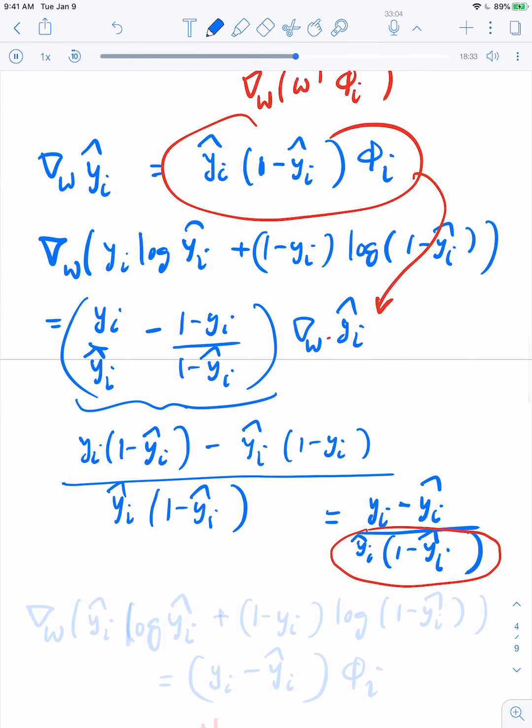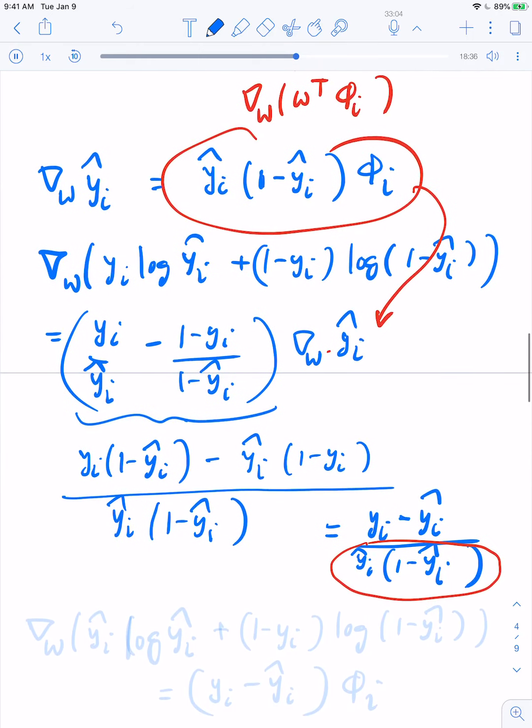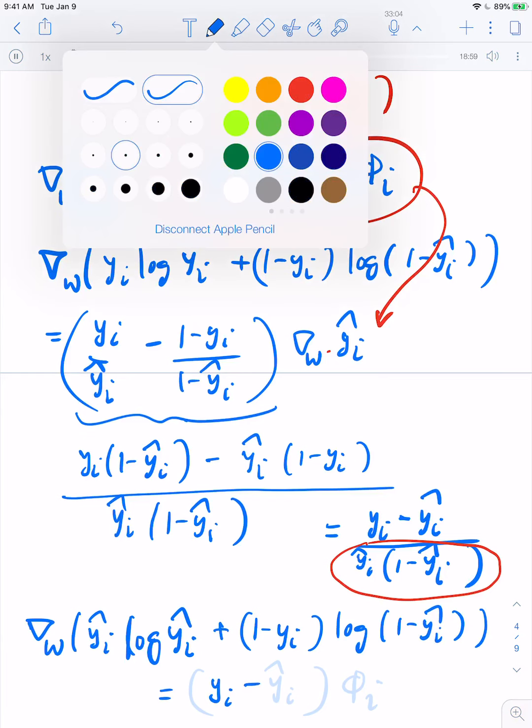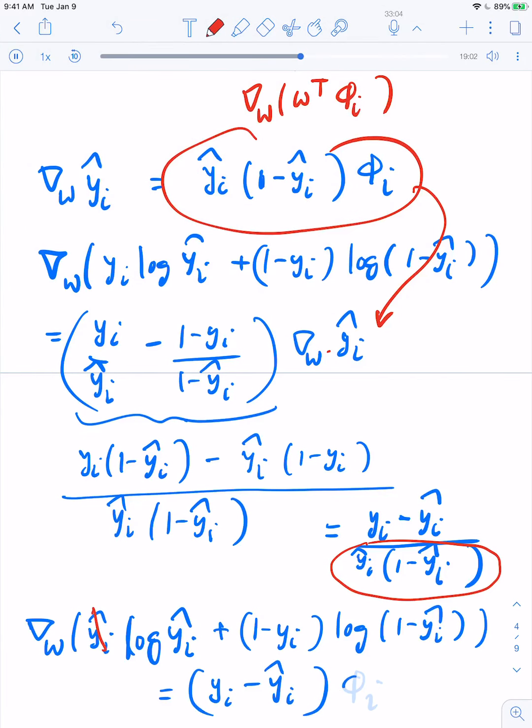So now I have a very nice simple expression: del W of yi log yi hat plus 1 minus yi log 1 minus yi hat. I'm sorry for having to write this expression so often. It's yi minus yi hat times phi. So that's what we have there.